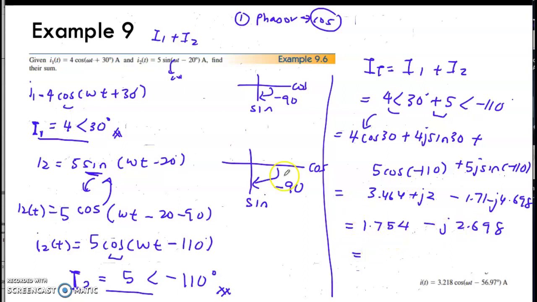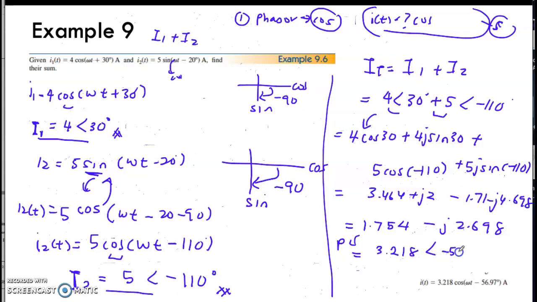Okay, so now you want to leave your answer in the sinusoid form, in terms of cosine. So what you need to do now is change this back to polar. Just use your calculator. Then you can get 3.218 angle minus 56.97 degree.